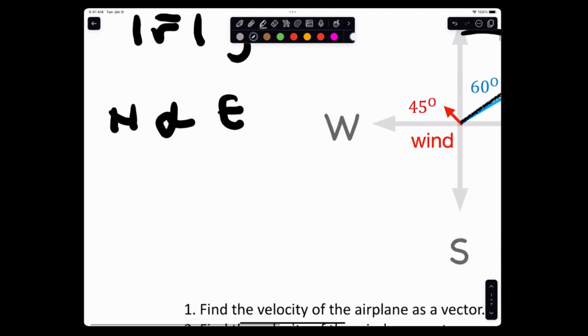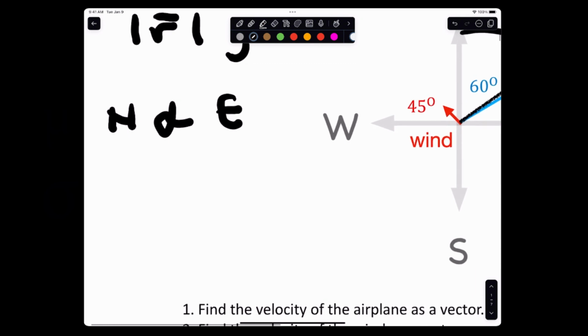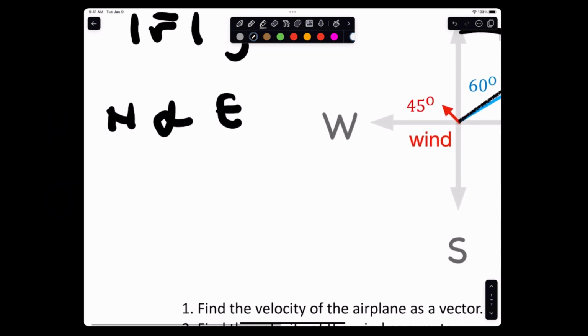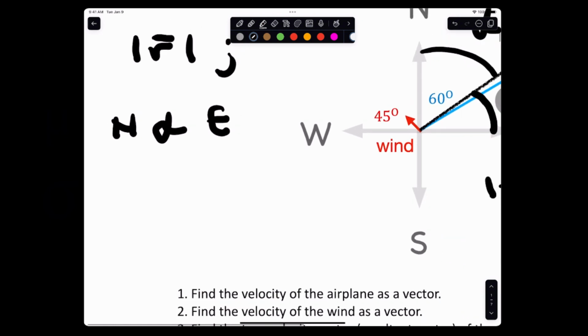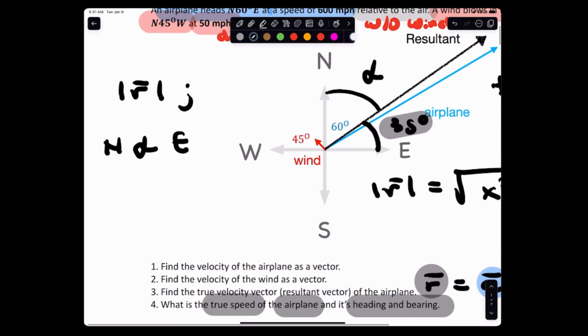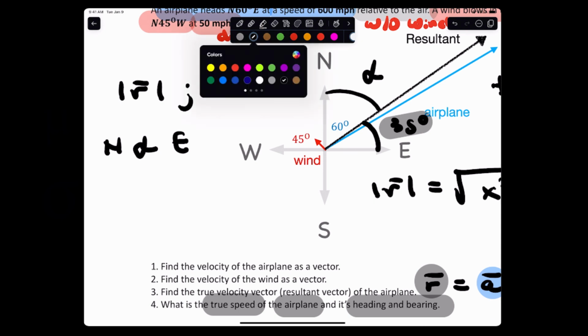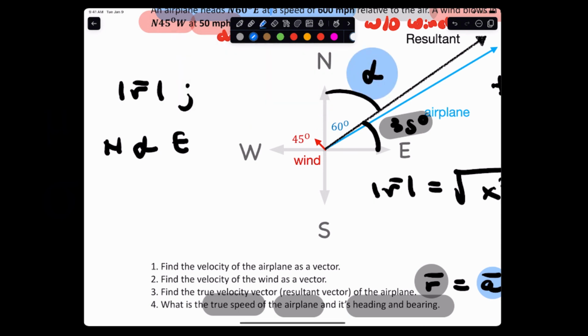Ladies and gentlemen, this system of navigation is what's used. North, angle, east. So how do you get that? Anybody remember the first day? What's the relationship between alpha and theta?